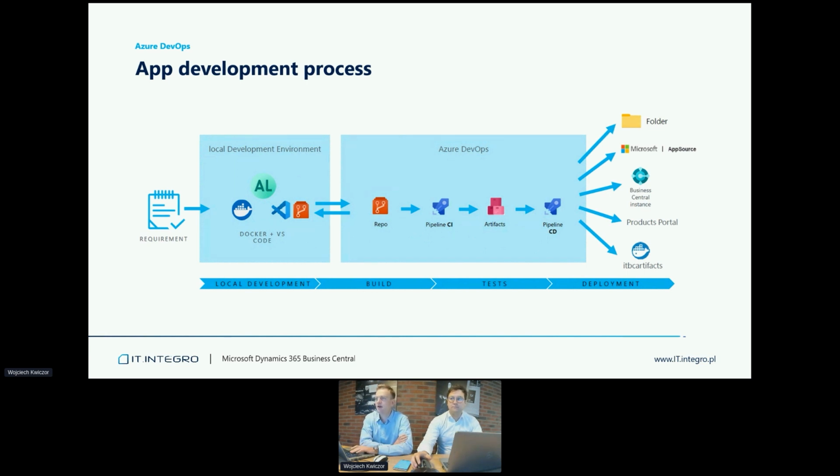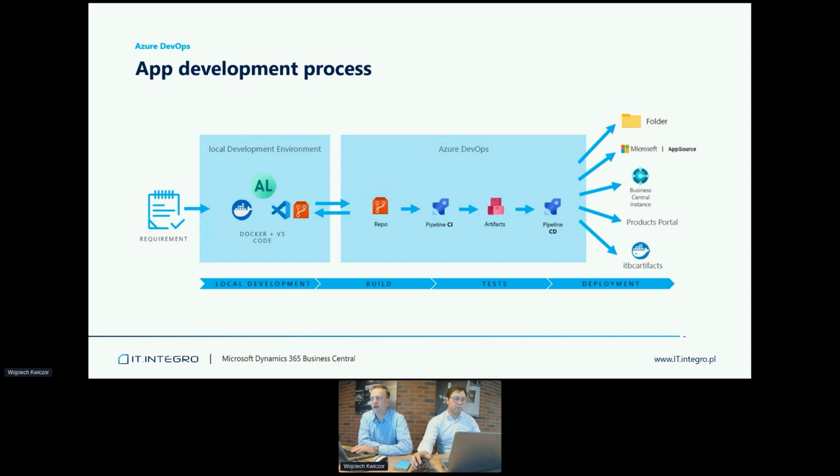Yeah. So first of all, we'll focus on the local development environment. So this is what a developer needs to have on his laptop to develop the change. First of all, he needs to have a local version of the repository with the whole code.